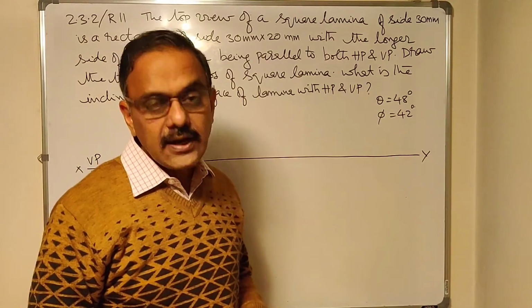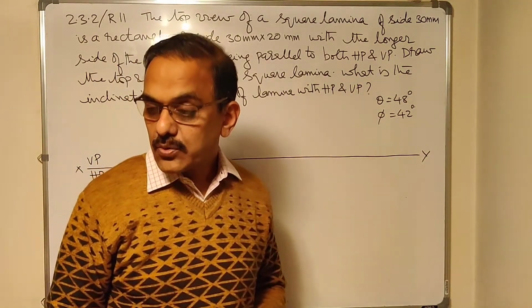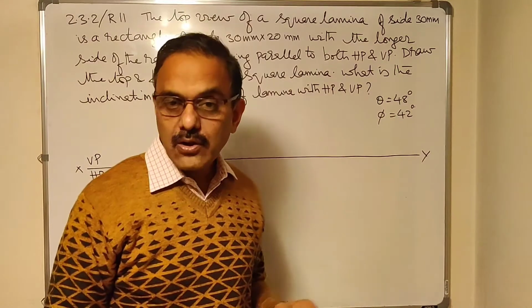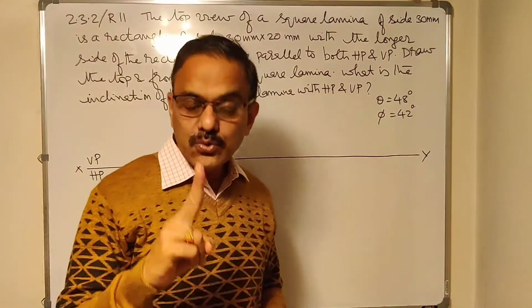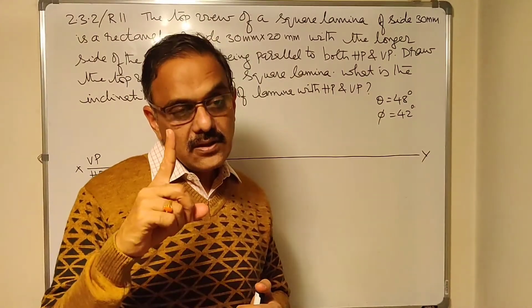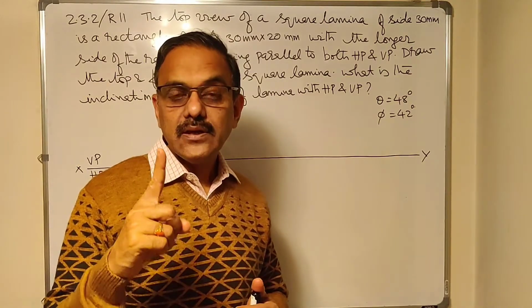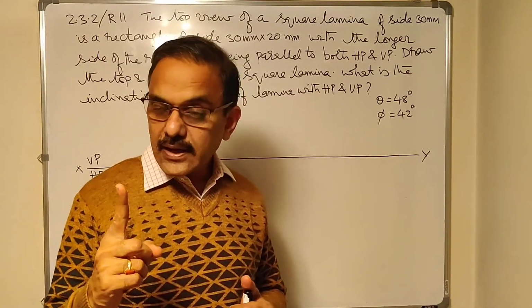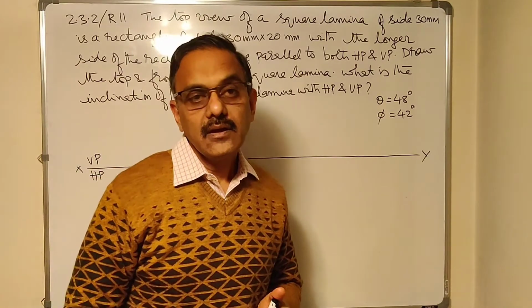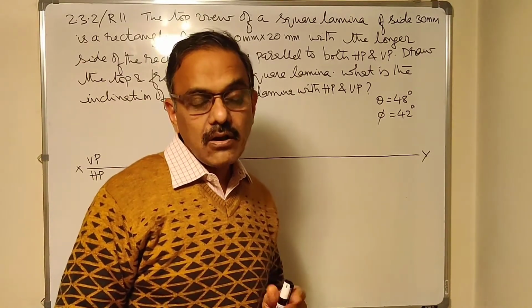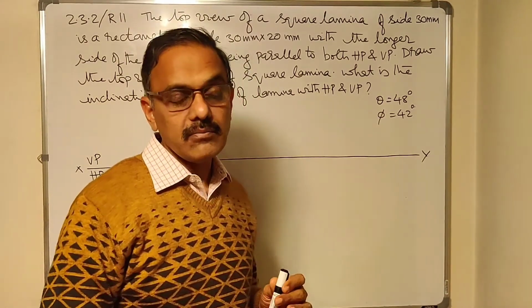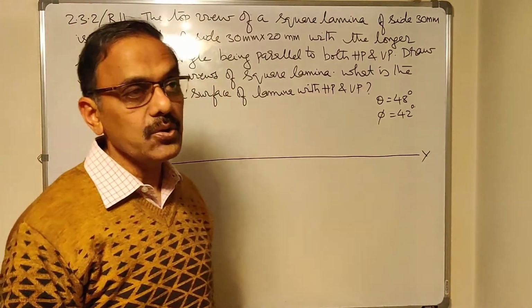Now what are the conditions required for you to say that the problem belongs to SP1? There should be two conditions. One is one edge should be on HP, the other is the surface should be inclined to HP. But these conditions are not directly given in the problem. How to understand it, let me tell you.